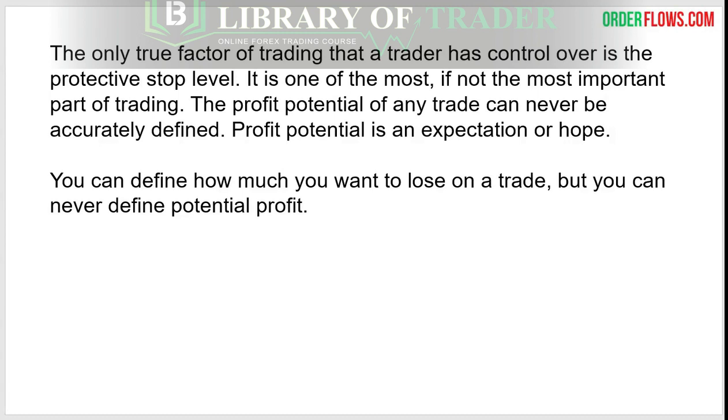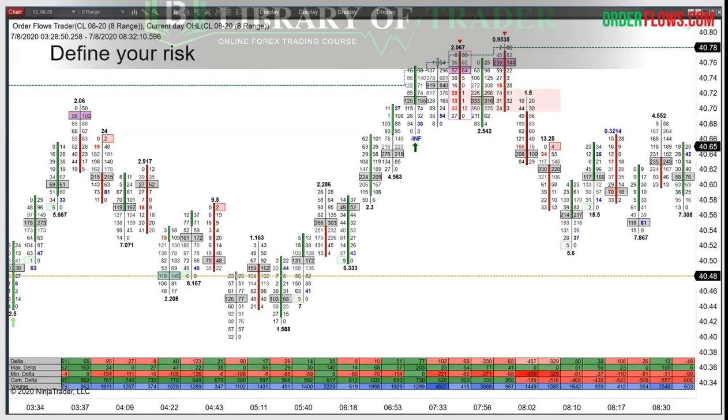You can't go into a trade and say, I want to make X amount of money on this, because the market may not give you X. However, you can risk X amount of money, and the market will be sure to take it away from you. So you can define your risk by where you place your stop, but you can't define your profit potential in the sense of being guaranteed to get it. You just can't. It's impossible.